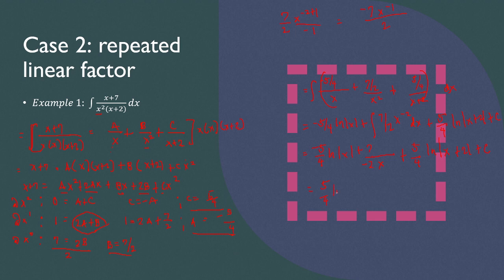So this is ln of x plus 2 minus ln of x, minus 7/2x plus c. So this is 5/4 times ln of x plus 2 over ln of x, absolute values, minus 7/2x plus c. That's your final answer.